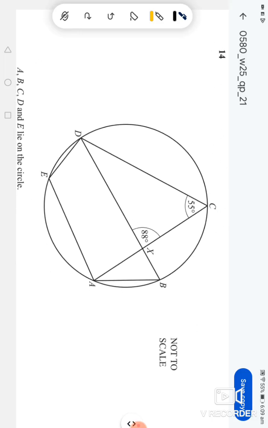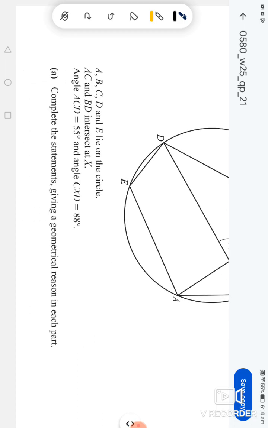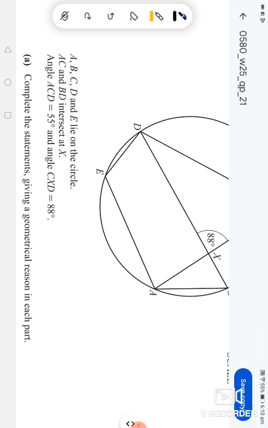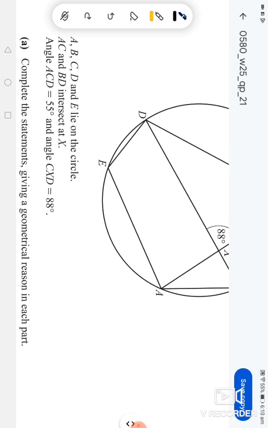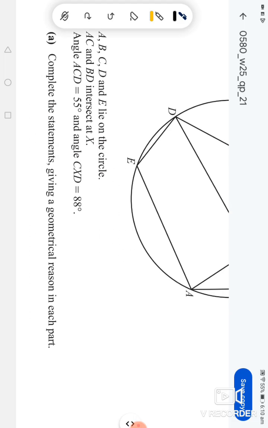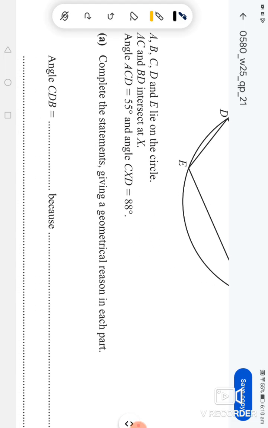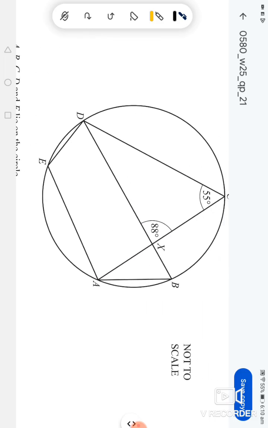Question number 14, circle theorem. A, B, C, D and E lie on the circle. AC and BD intersect at X. Angle C is 55 and angle X is 88 degrees. Complete the statement, giving a geometrical reason in each part. Angle CDB.